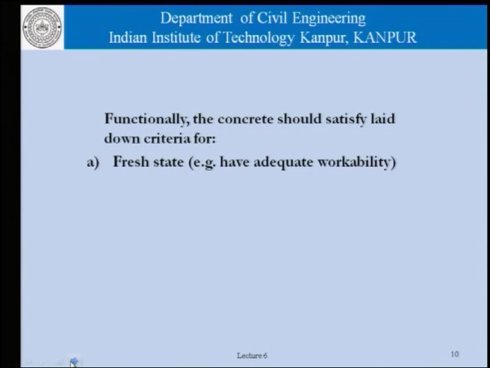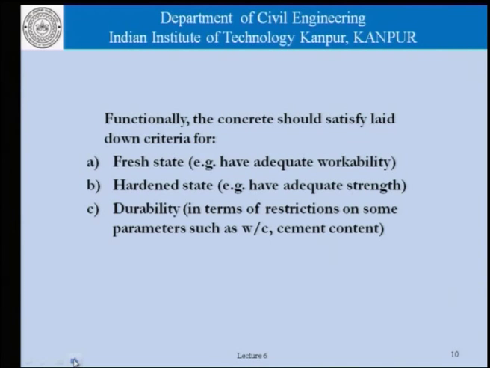Functionally, concrete should satisfy laid down criteria for the fresh state, that is, it should have adequate workability and so on. As far as the hardened state is concerned, it should have adequate strength as may be decided by the designer. Then there are specific requirements which may be in terms of durability.